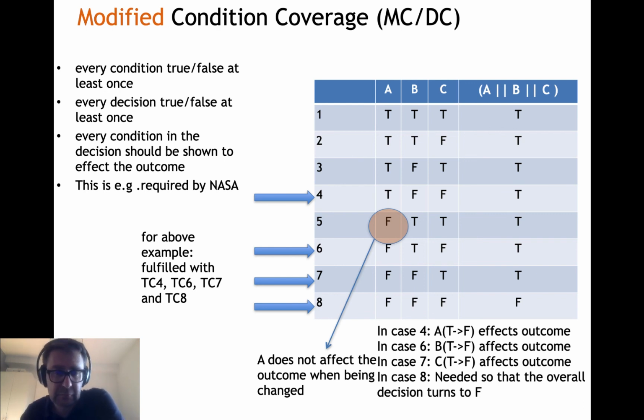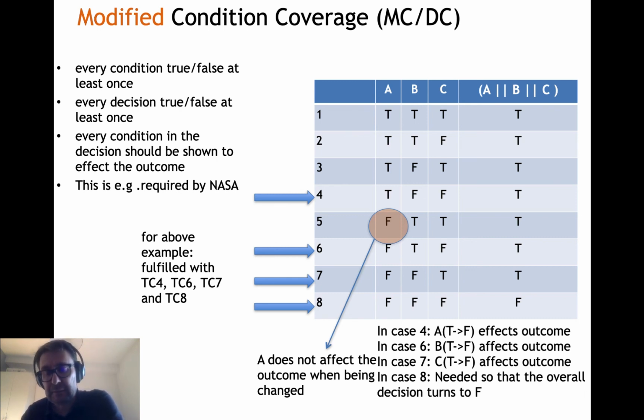And then we have a true for B. So B is now affecting the root, right? And then we select 7, and in the same way we now cover the false for B. And we also have C now being true, and it was false before, so now C is affecting the root decision.